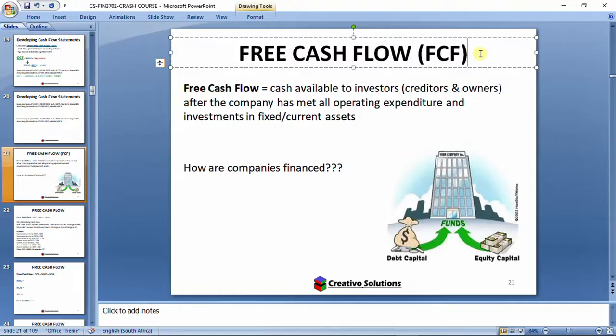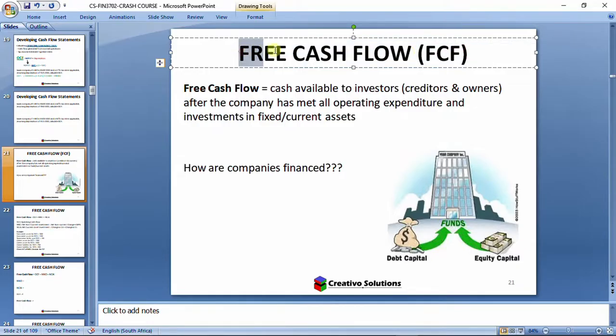So there's a free cash flow model that businesses use to evaluate equity, to price equity. If you're doing I&V 3701 as well as this one, you'll see free cash flow is spoken about there as well. But remember, that's from an investment point of view.